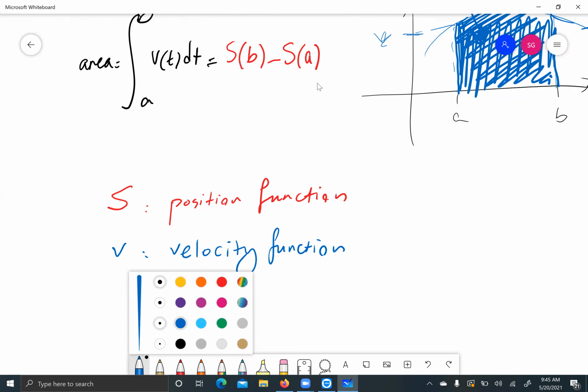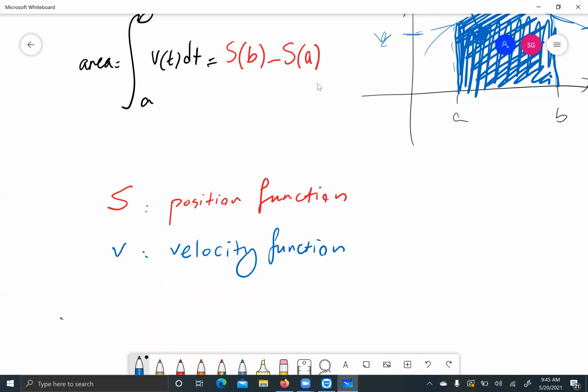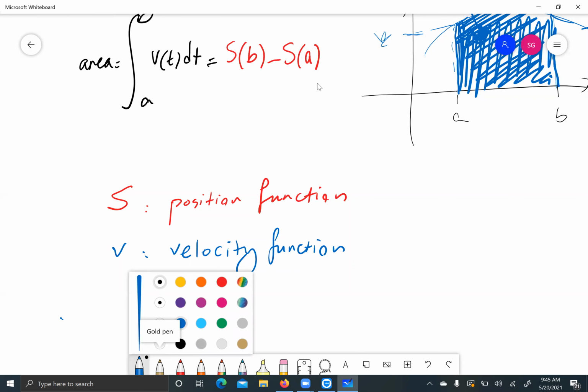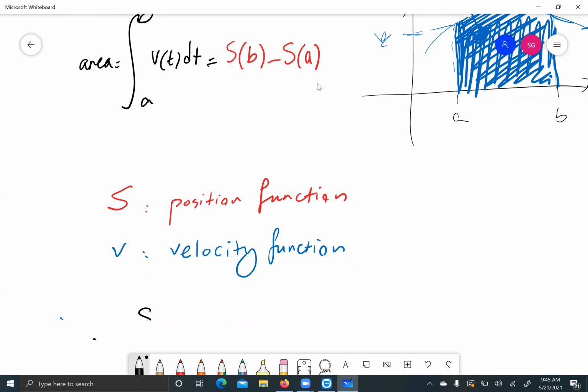V is the derivative of S. If you take the derivative of S with respect to T, that's going to give you V. So the velocity function is the derivative of the position function. That's the relationship between these two functions.